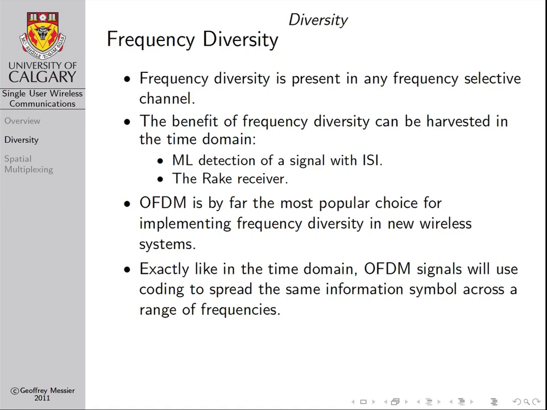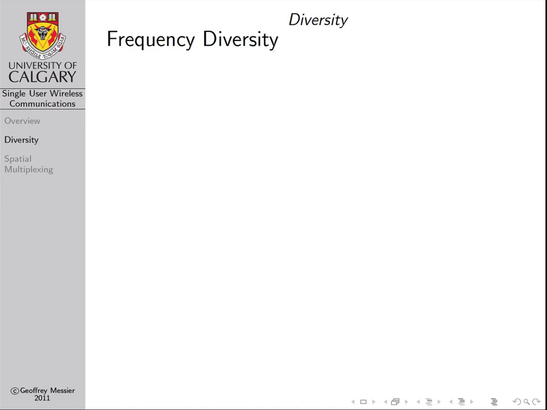And so basically exactly like we did in the time domain, OFDM signals achieve frequency diversity by creating multiple copies of the transmitted symbol and spreading them out across carriers that are spaced wide enough apart that they experience different fades. And so it's a very, very similar picture to what we had in the time domain.